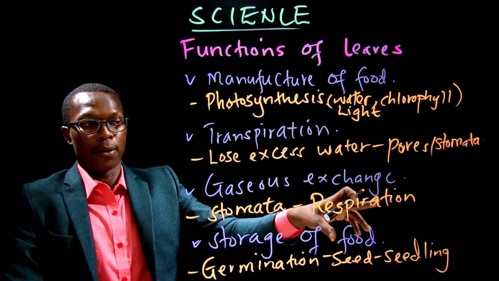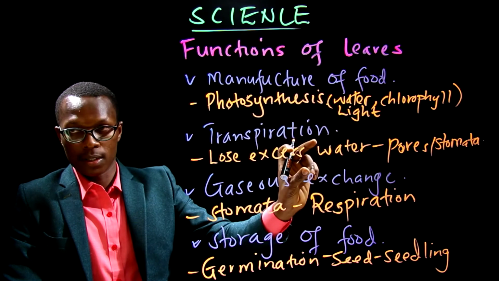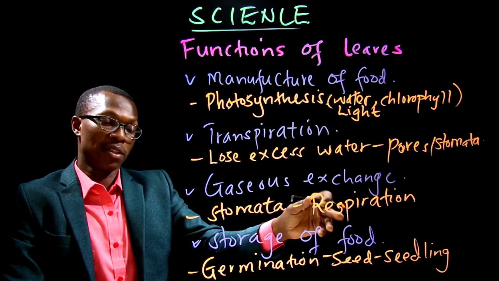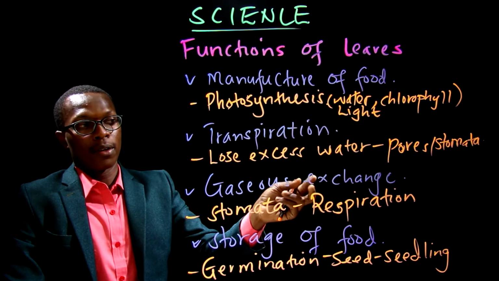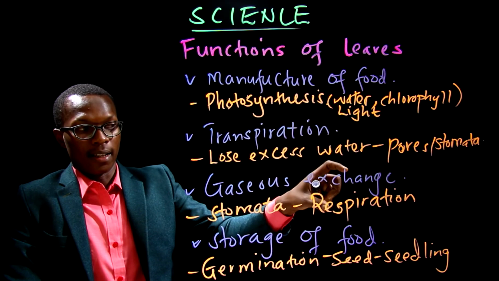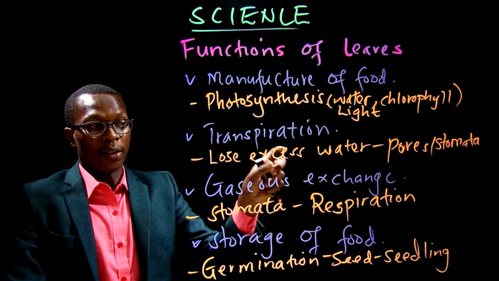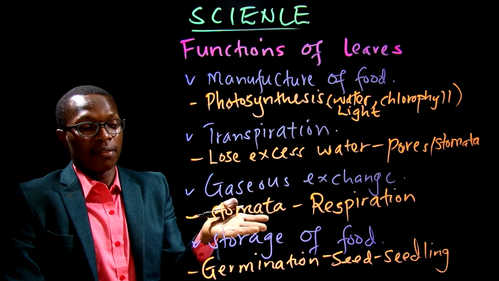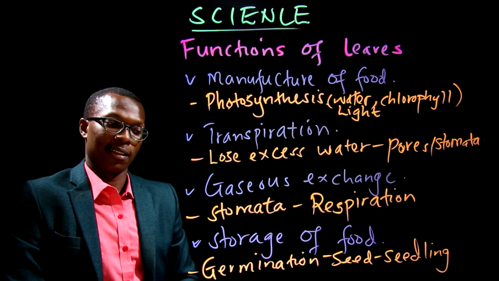Let's look at this embryo. The embryo comprises the leaf, that is the shoot, and we also have the radicle, which is the root. In that shoot, which is the leaf, it helps this young plant to store food.